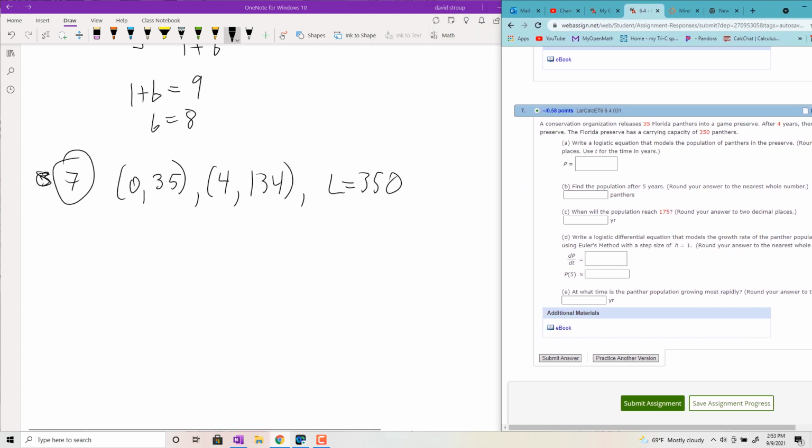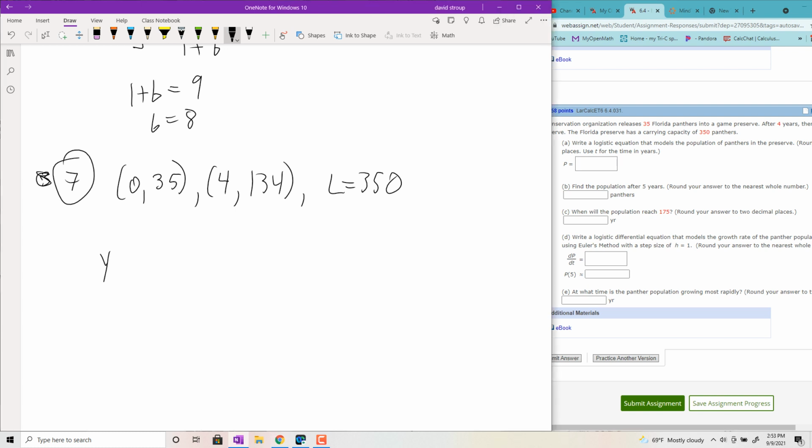Okay, so our logistic equation, as it sits, is y equals L, which is 350, all over 1 plus b e to the negative kt. So here you use the initial conditions to solve for b and k. So first plug in 0, 35.